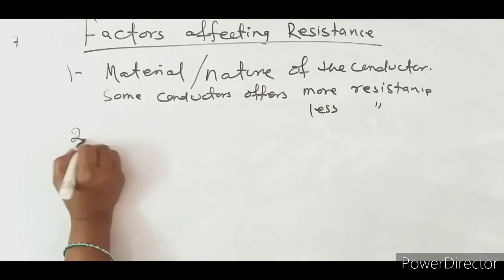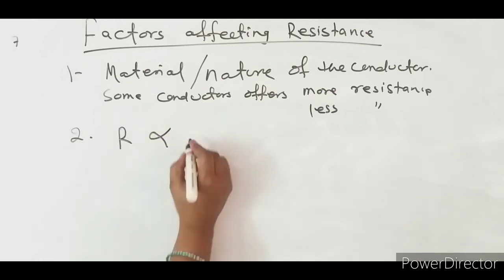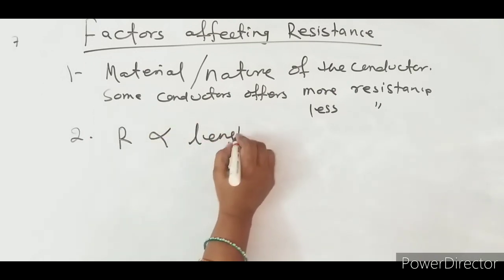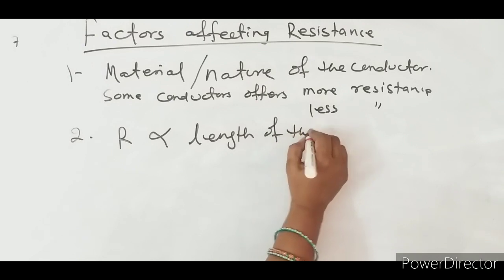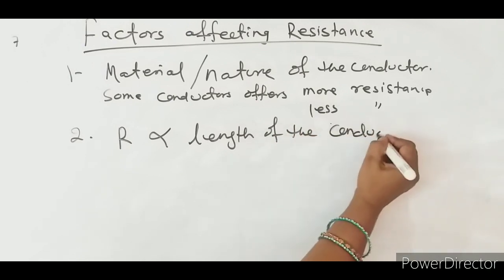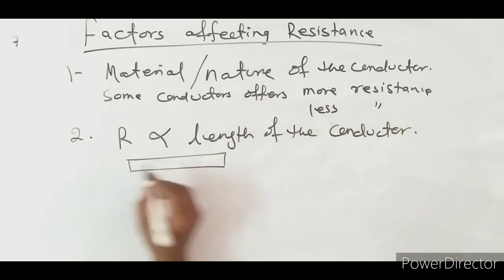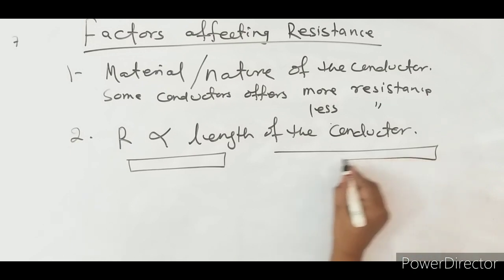Let me go for the second part. The second is that resistance is directly proportional to the length of the conductor. This one is the small length I am taking, and this one is the more length.